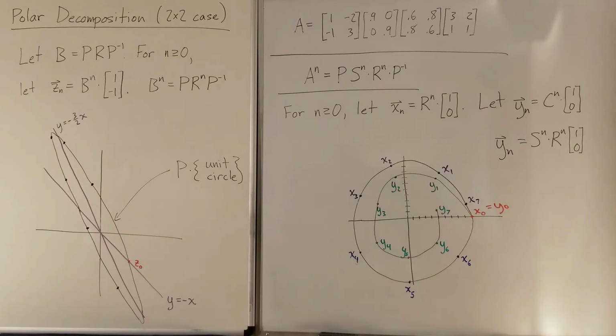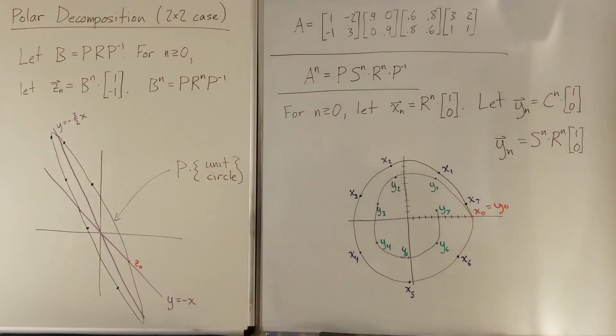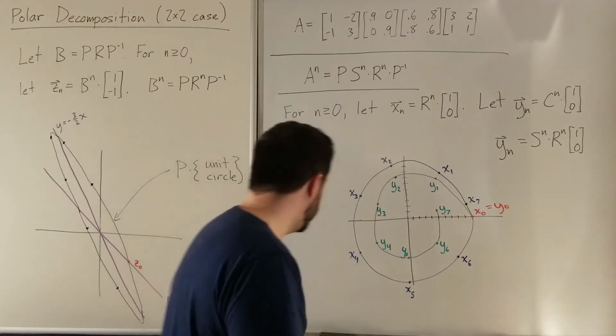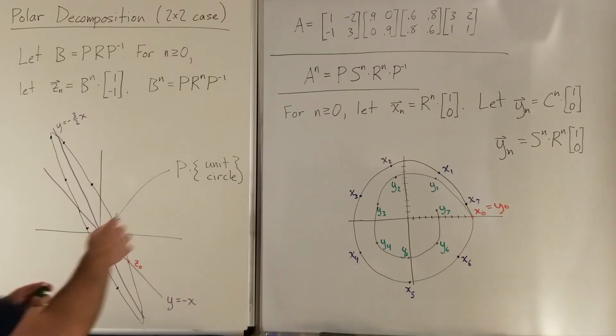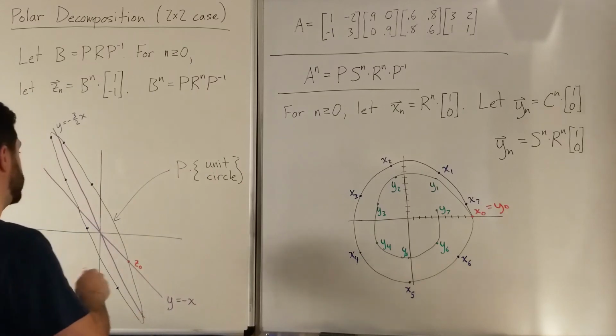The point is there's some sort of circling around an elongated circle, in other words, an ellipse. There's some sort of rotation happening here. And when we then switch to looking at actually A to the n, we're going to get something like this.